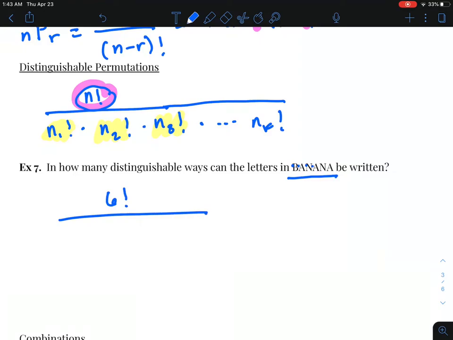Now, if we look at the letters and start with the B, B is only there one time, so that's just 1 factorial. Times, A is there 3 times, so that's 3 factorial. And the next letter is N, and that's there 2 times, so 2 factorial. That's how we fill out the bottom.